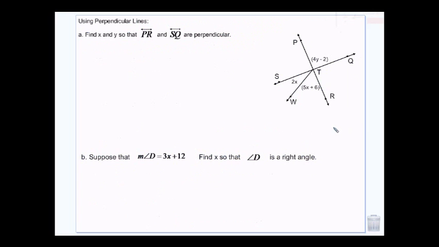So some examples, we're going to find x and y so that PR and SQ are perpendicular. Well, if they're perpendicular, that means these are going to be right angles. So 4y minus 2 is going to be 90 degrees. Okay.